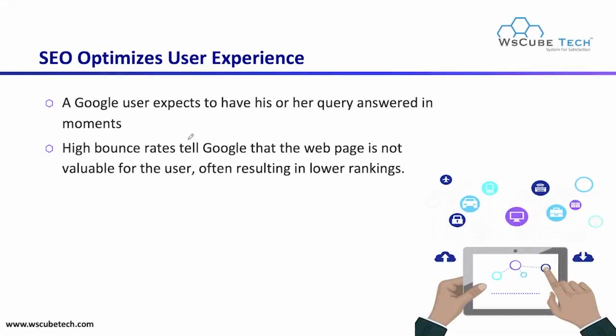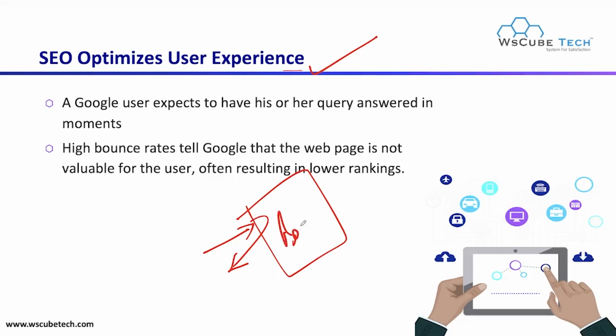Okay, so SEO optimizes your user experience. User experience really matters a lot in search engine optimization, because let's suppose someone visits your website and looks at the content, and if they do not find quality and relevant content on your website, they immediately go back. In that case your bounce rate is increasing.